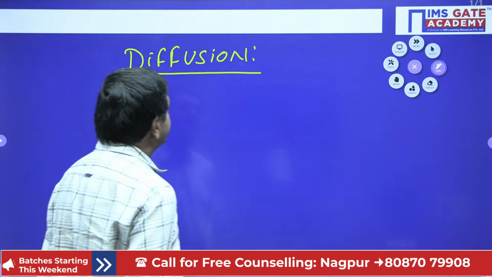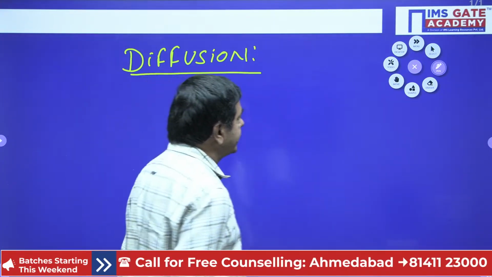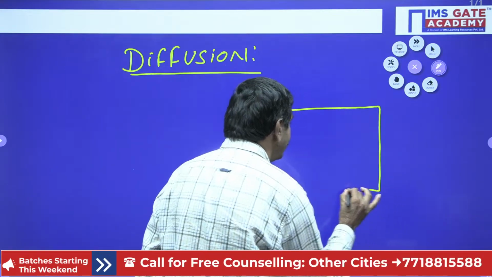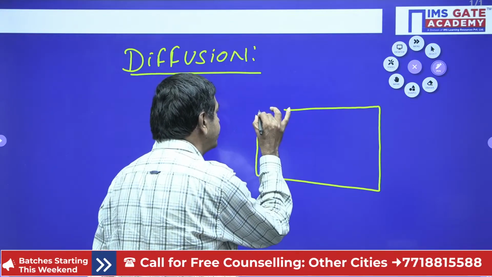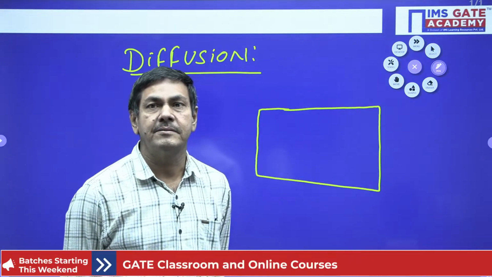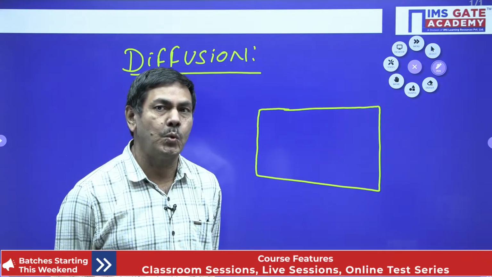Yes, diffusion. How to define diffusion? Suppose I selected a type of semiconductor. This is the semiconductor, but this semiconductor does not contain uniform concentration of electrons or holes.